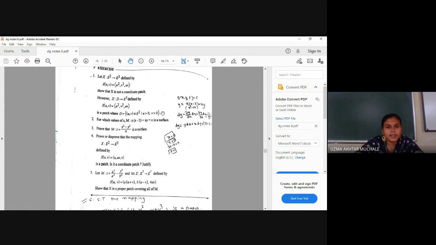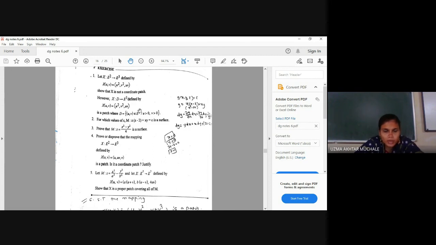Directly, u1 square will be equal to u2 square. Okay, taking square root on both sides, what you will get, u1 is equal to plus or minus u2. So for u1 not equal to u2, you are getting u1 is either equal to u2 or u1 is equal to minus u2.